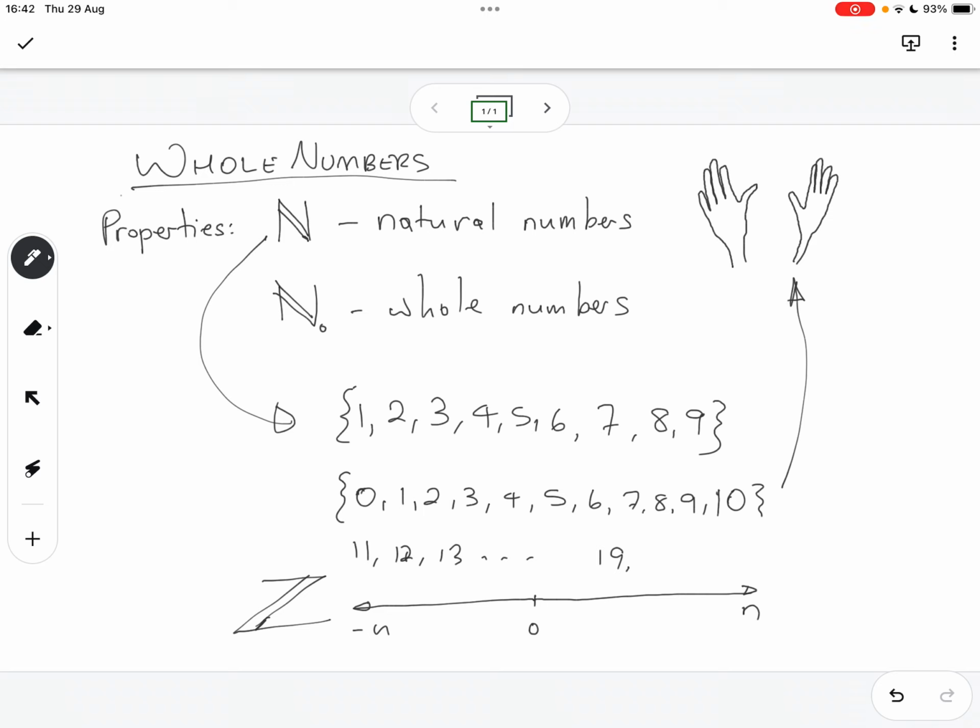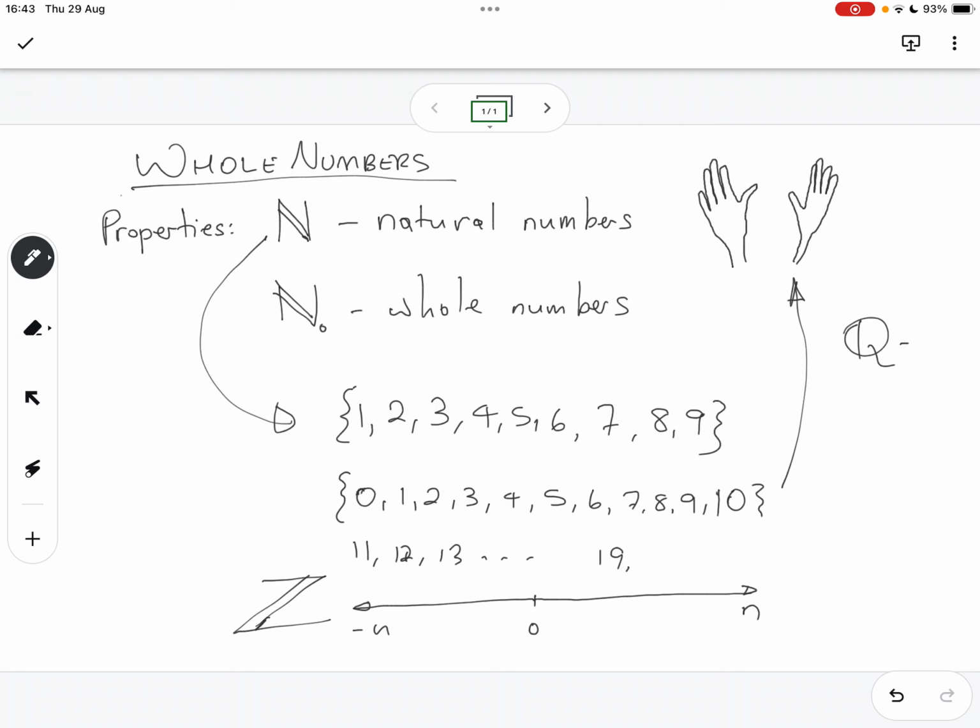I forgot what the symbol is for that, but let's just look it up. Rational number symbol. Rational number. The symbol looks like, yes. Rational numbers are symbolized with a Q that has a thing like that.